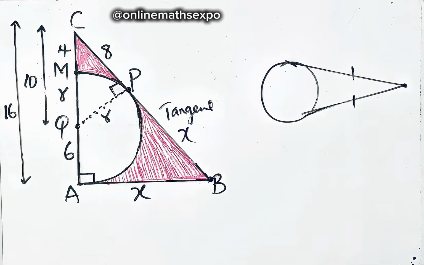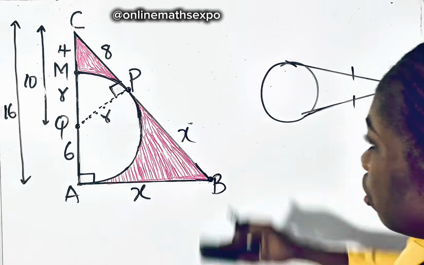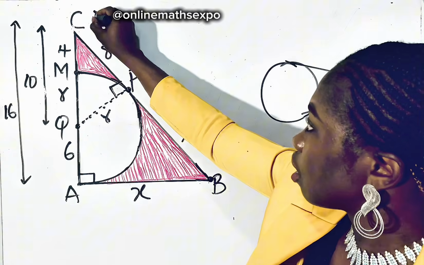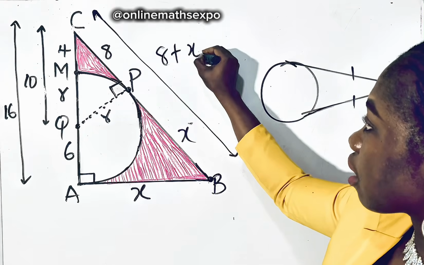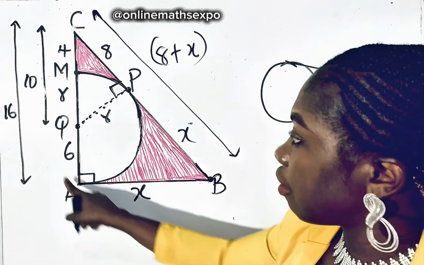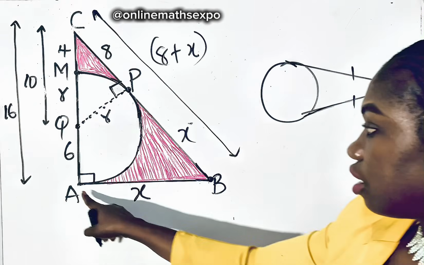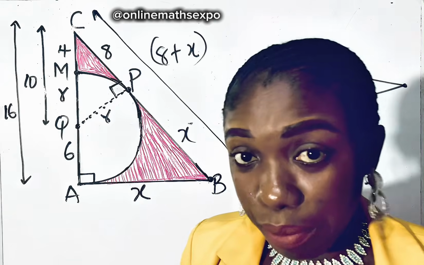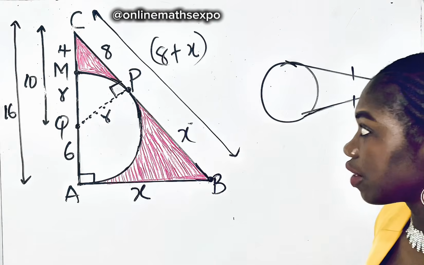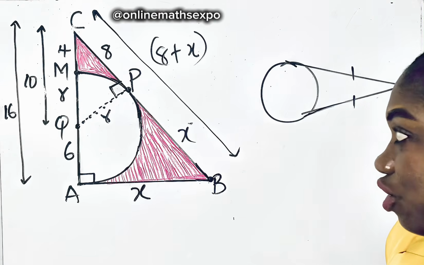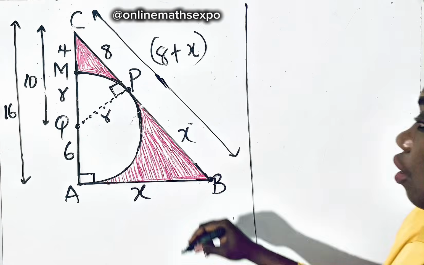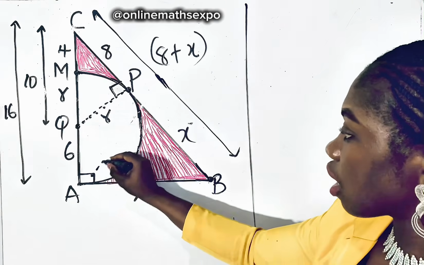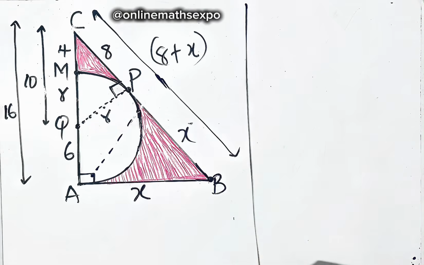So in that case, we are going to have it that the whole length of BC will give us 8 plus X. This length we have identified as 16. This length is X. So what should we do? We are going to still use our Pythagoras' theorem since you are working with the 3 sides of the right triangle. Let's do it together. This angle is opposite to this length. It means that this length becomes the longest.